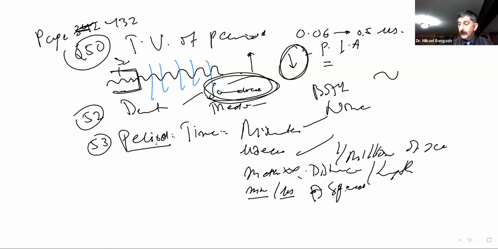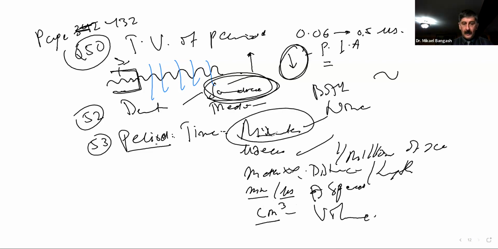Cubic centimeters. Don't fall for this. Once you start squaring or cubing a distance, it becomes something else, the unit of volume. So it's only minutes and seconds that can be used to document period.